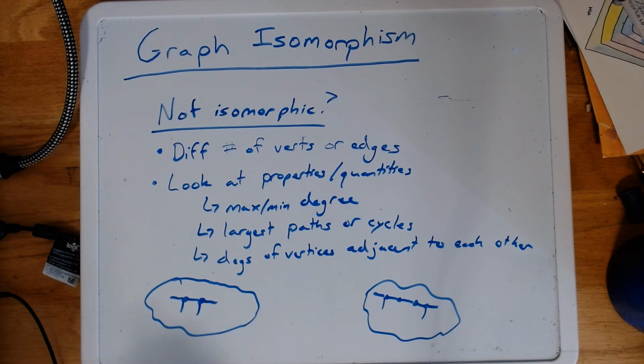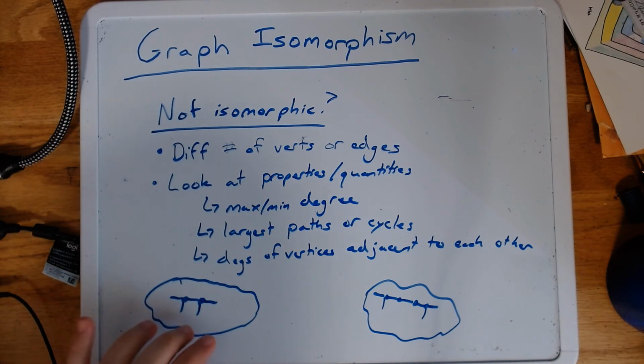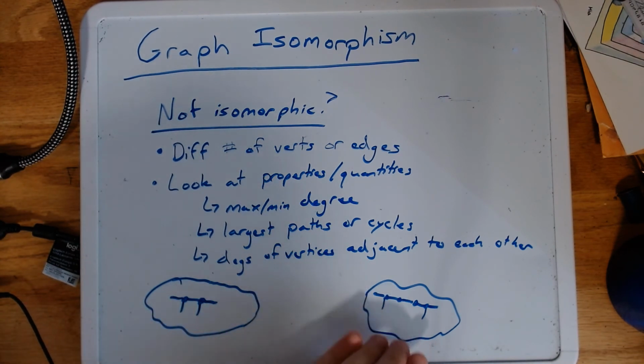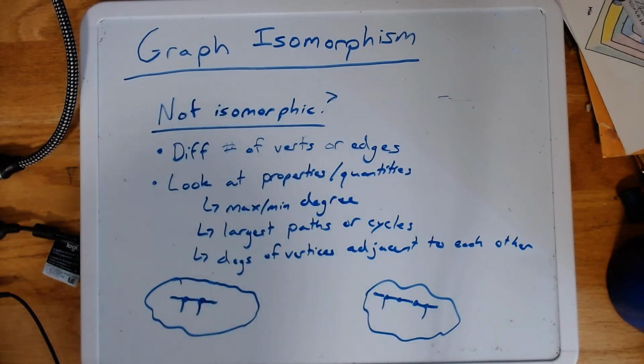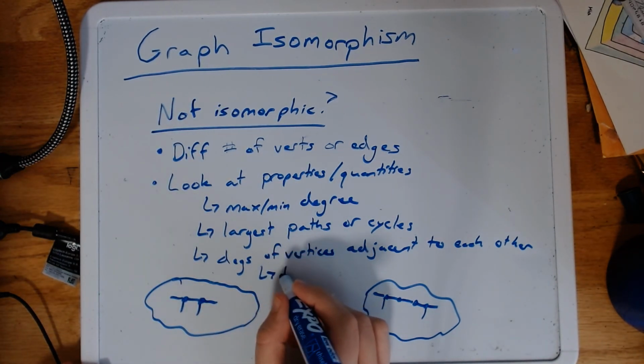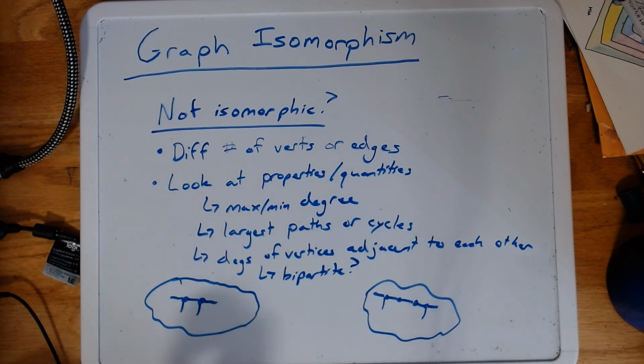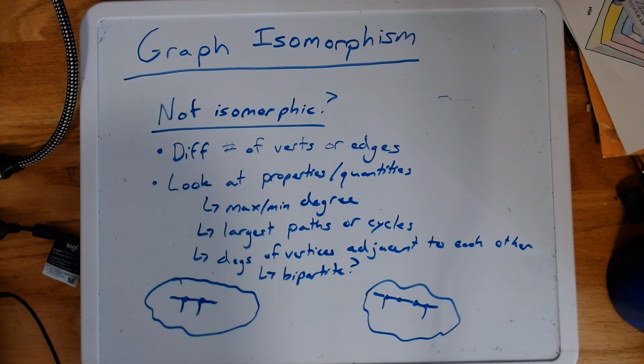So there are a lot more things like that you can look for, but you're thinking about what characterizes this graph, and are the same things true of this graph. Another thing we could look for is, if one is bipartite and the other one isn't, then they're definitely not isomorphic.